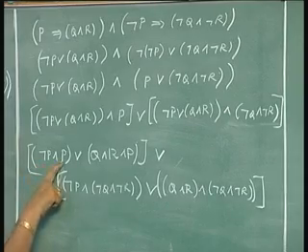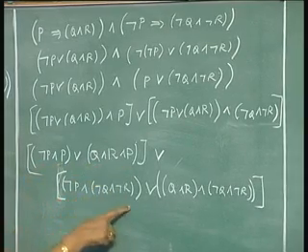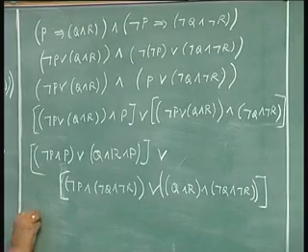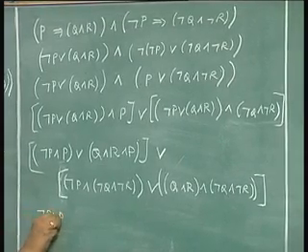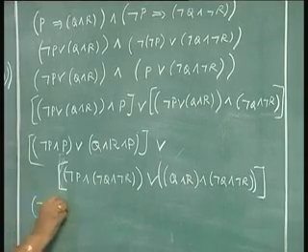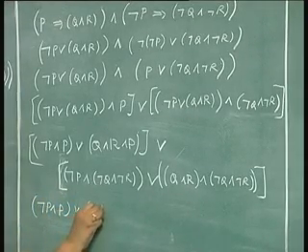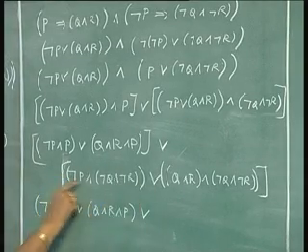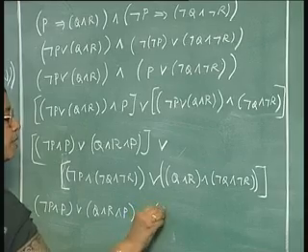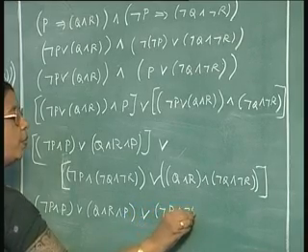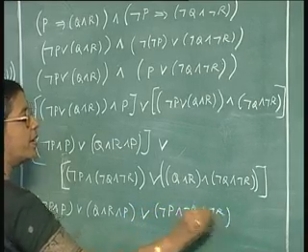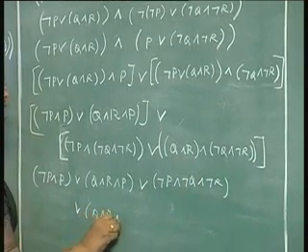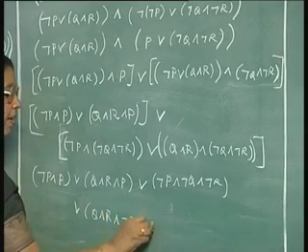So, here it is an elementary product, here again elementary product. So, if you rewrite this, it will become not P and P or Q and R and P or this one will be not P and not Q and not R, and this will be Q and R and not Q and not R.